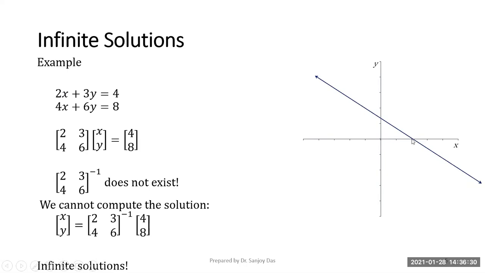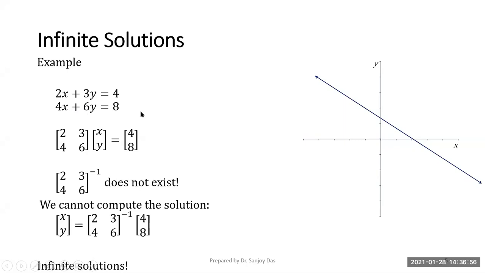X equals 2, y equals 0 will be one solution, right? The other solution is x equals 0, y equals 1.33. 3 times 1.33 is 4.